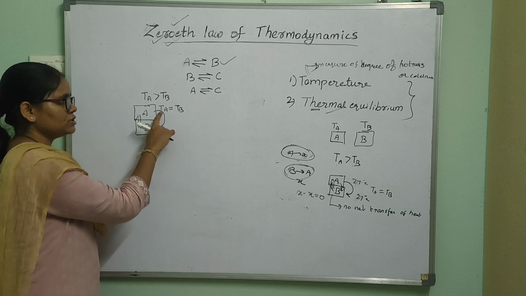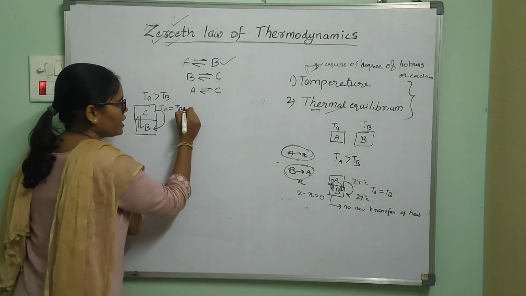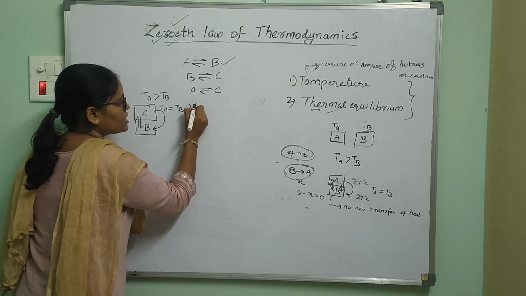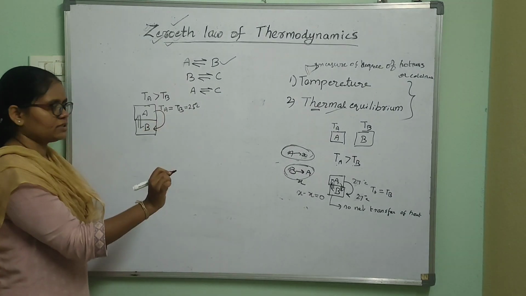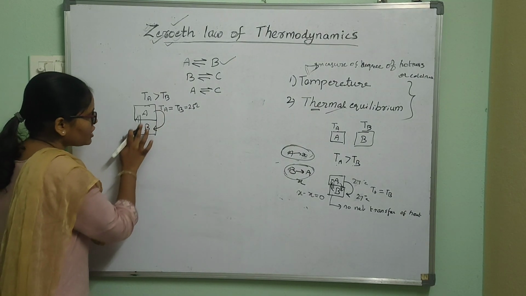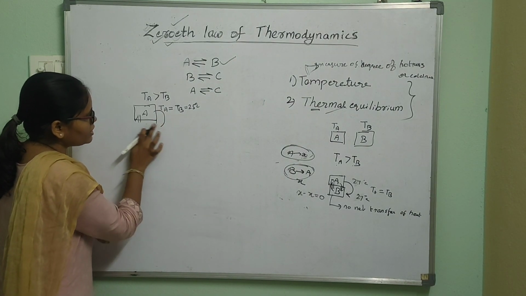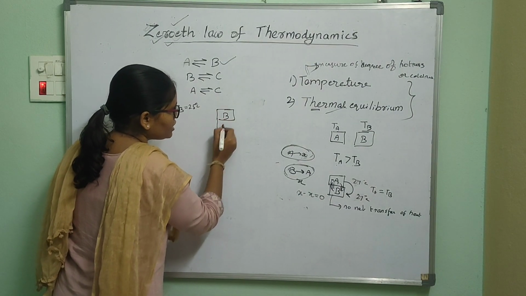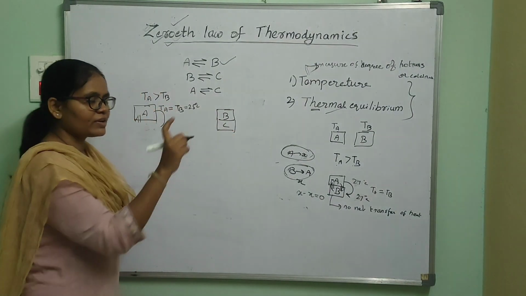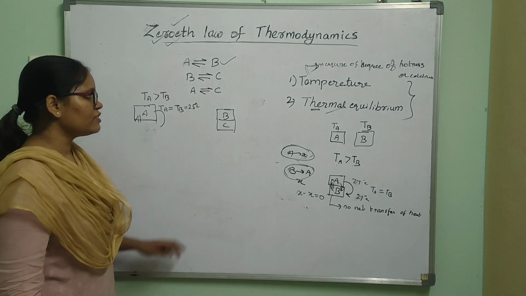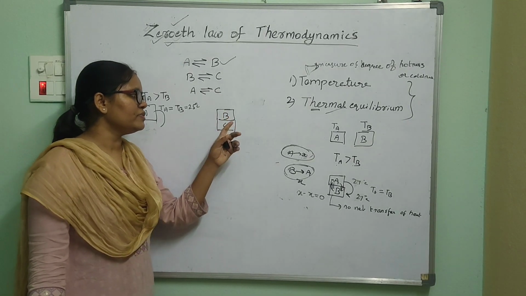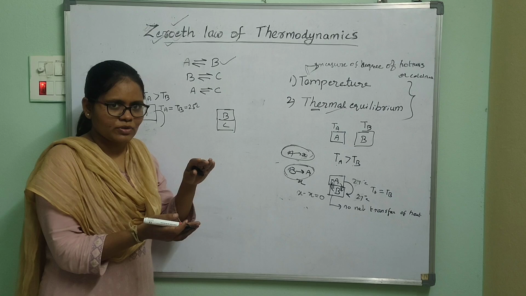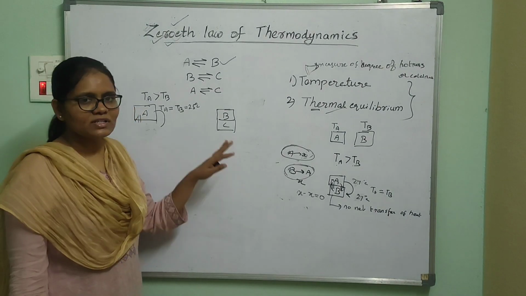Now suppose that the temperature of A and B is equal to 25 degrees centigrade. Next, I take this B from here and keep it in contact with C. Suppose I see no transfer of energy between B and C when I bring them in contact with each other. What does this mean?